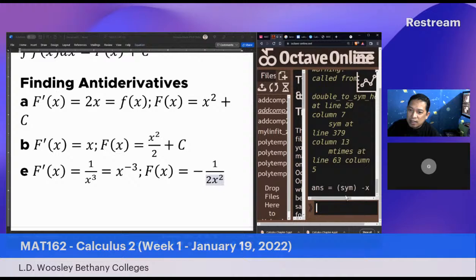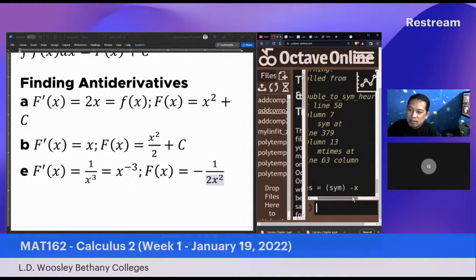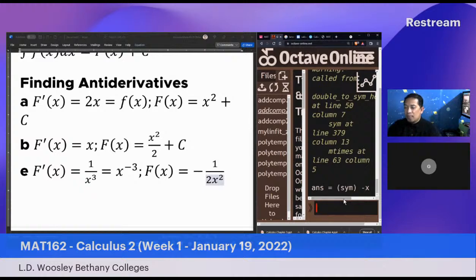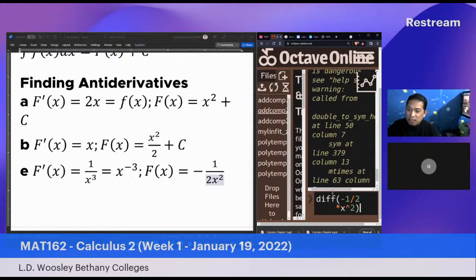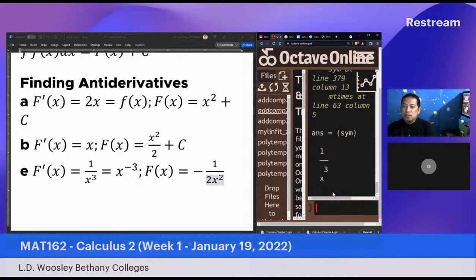Ayan, walang nangyari ah. Oh, negative x ang lumabas. Ay, hindi ko nalagyan ng negative dito. Yun, sakto. So the answer is 1 over x cubed.